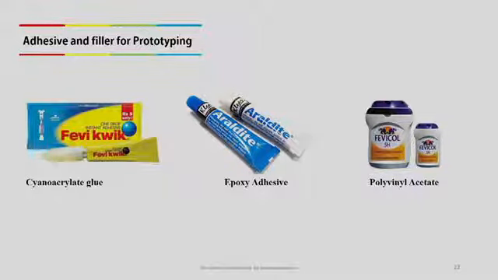You have to mix both the material and use it. Another is polyvinyl acetate. We have very famous brand Febicol in market in this category, and we can fix paper, cloth, wood, plywood, MDF with Febicol.